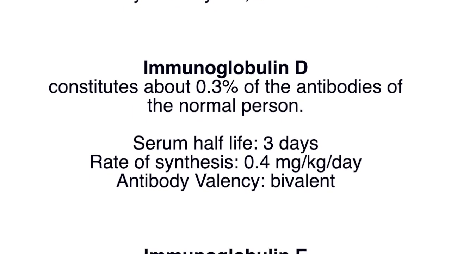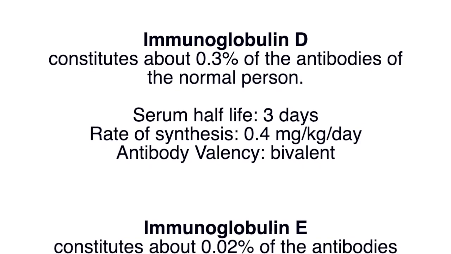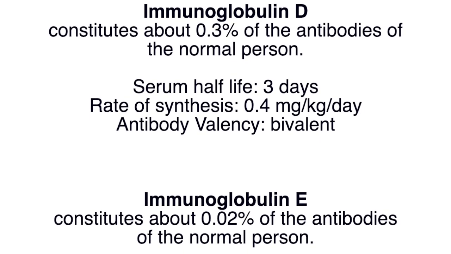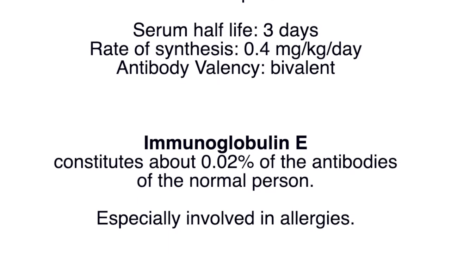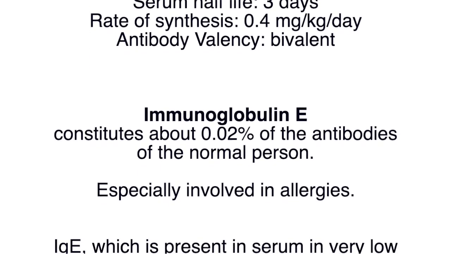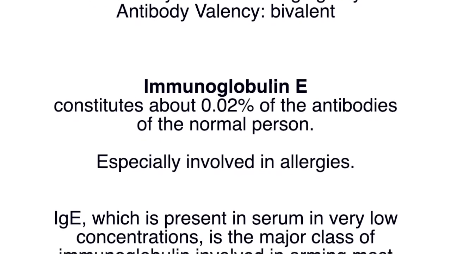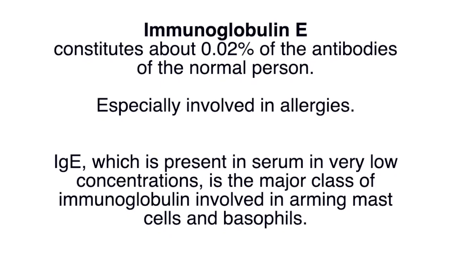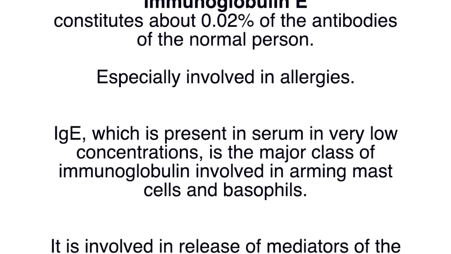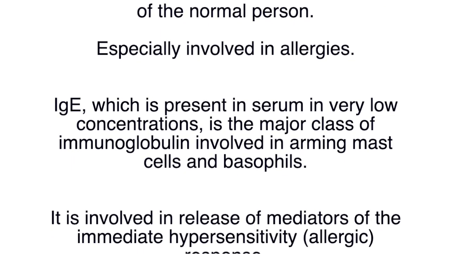Immunoglobulin D constitutes about 0.3% of the antibodies of the normal person. Serum half-life 3 days, rate of synthesis 0.4 mg per kilogram per day, antibody valency bivalent. Immunoglobulin E constitutes about 0.02% of the antibodies of the normal person, especially involved in allergies.